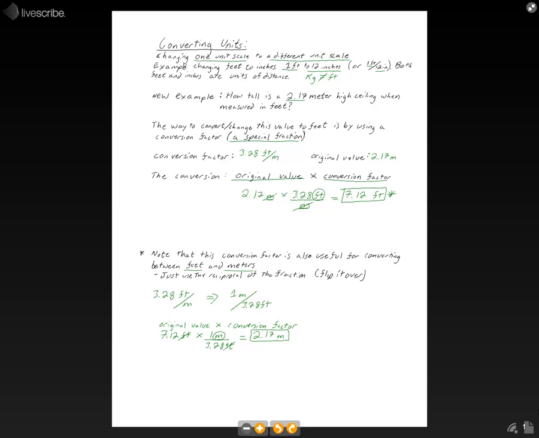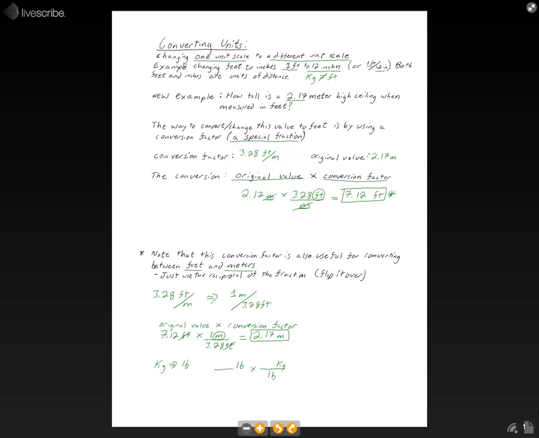And just as a future reference for unit conversions, anytime you're converting, say, between kilograms and pounds, what you need to make sure that you do is take your original value in pounds, or whatever unit you happen to have, and when you're multiplying it by the conversion factor, the value that you want in your numerator, in this case kilograms, is over the value that you already have your units in, which is pounds.